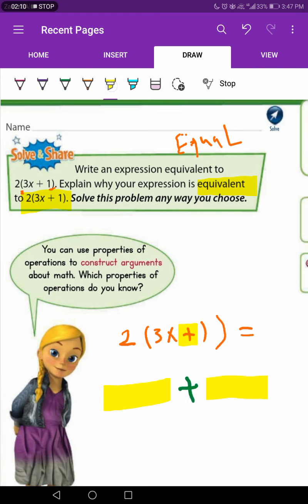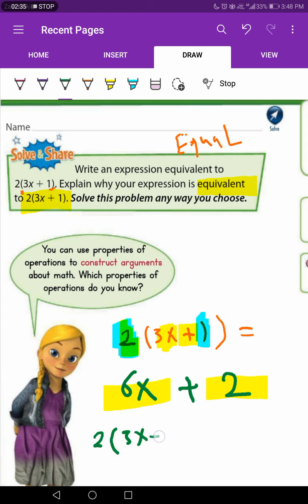So now I multiply 2 by 3x, which is 6x, and I multiply the 2 also by the 1, which equals 2. Now what can I say? 2 multiply the quantity of 3x plus 1 is equivalent or equal to 6x plus 2.